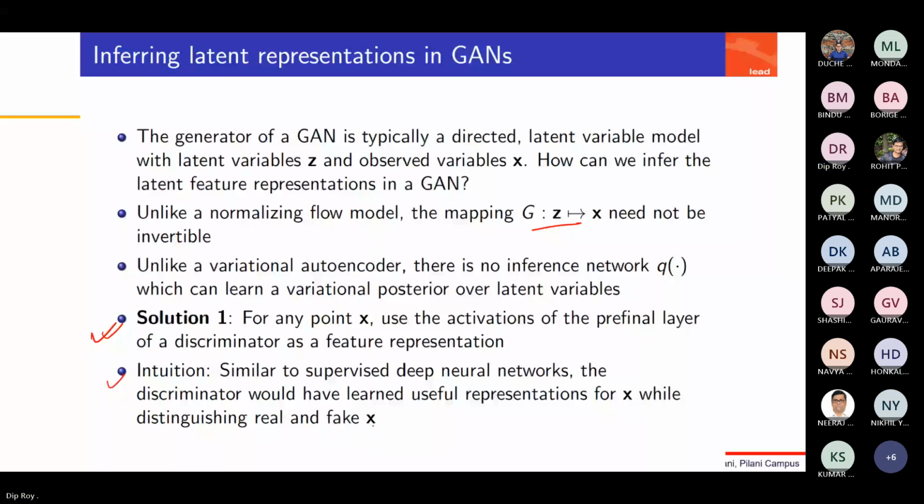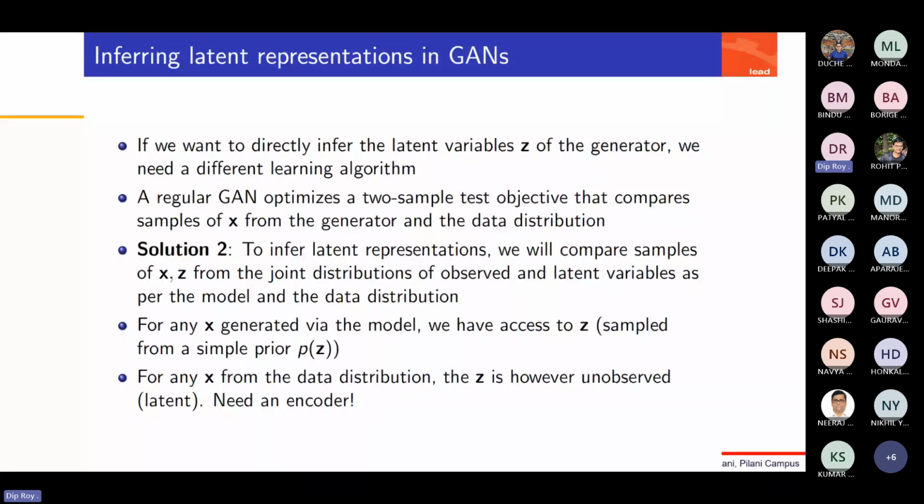Now, if we want to directly infer the latent variable Z of the generator, we need a different learning algorithm. A regular GAN optimizes a two sample test that compares X from the generator and the data distribution that we know.